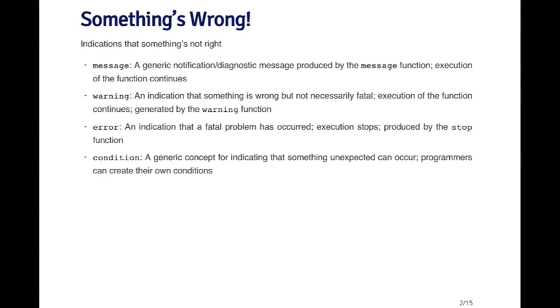Generally you're not going to do this at this level, but if you have another type of condition that you want to trigger when a special thing happens, that's not an error, not a warning, and not a message, you can create your own conditions using some of the functions that are available. We won't be doing that now, but there is this notion of a condition, and it's generic.